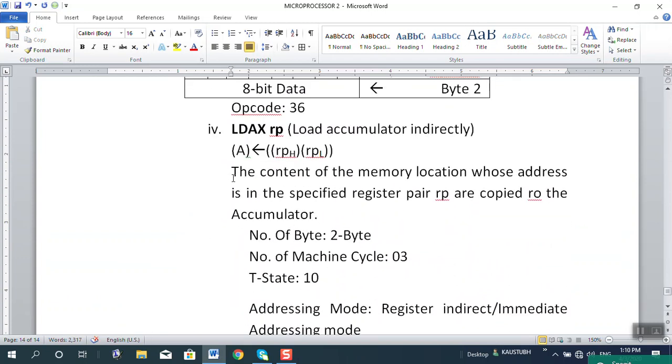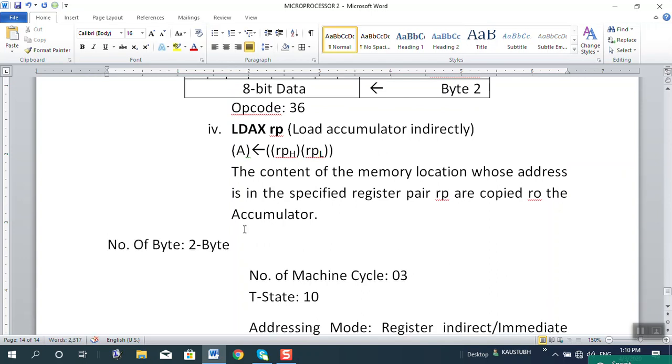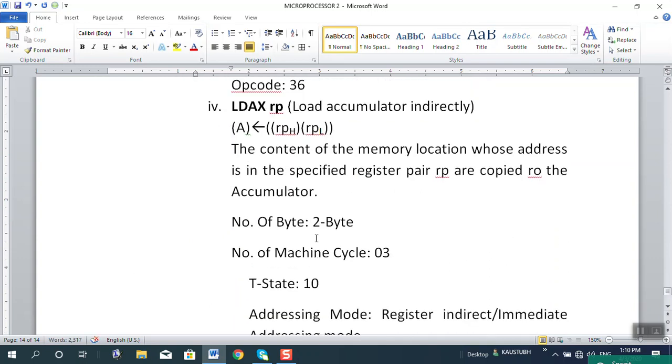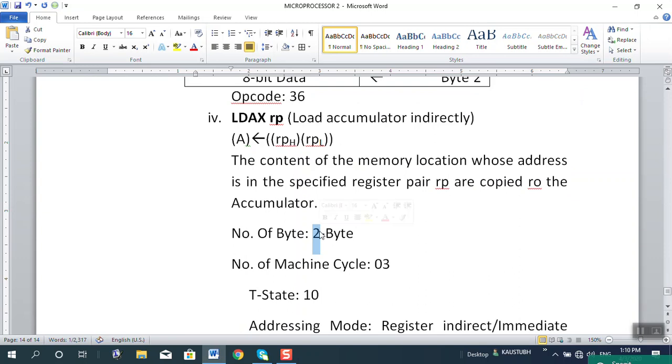So here the number of bytes is 1, it is a 1 byte instruction.